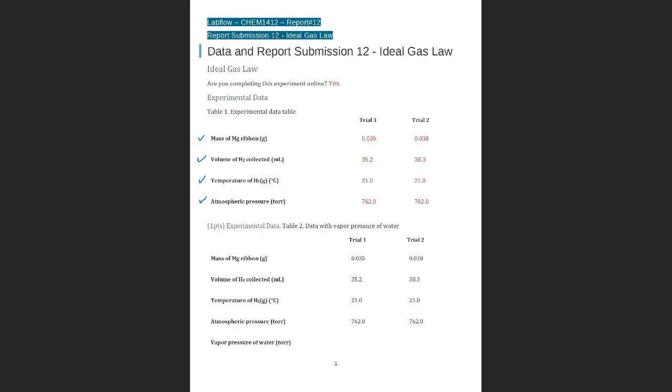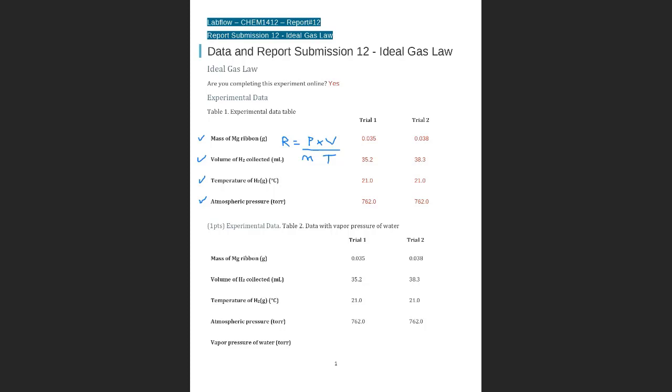And then we will calculate R using the formula. We know that R is going to be pressure times volume divided by the number of moles and the temperature in Kelvin.